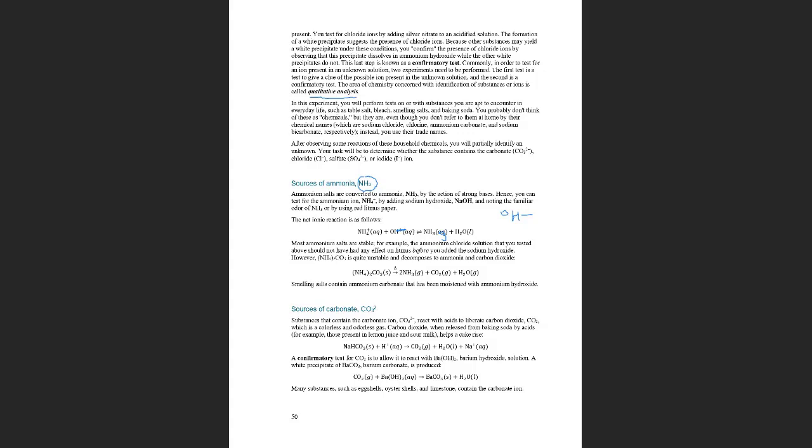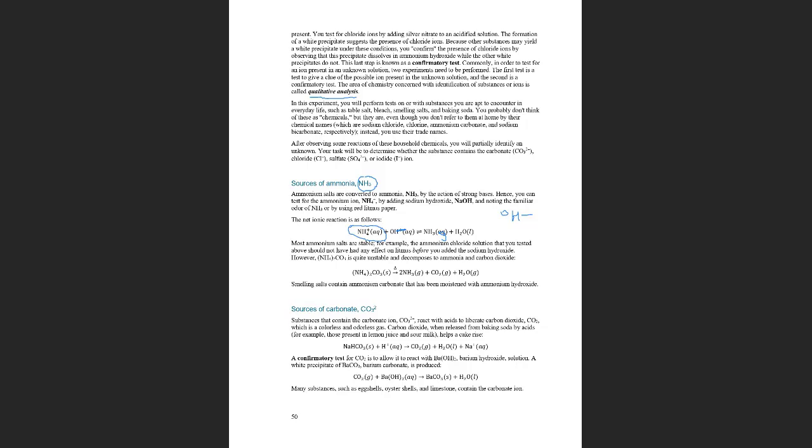Here they are showing how we are going to test. One way of testing ammonia, basically, we are going to test an ammonium salt. That's why here is NH4.